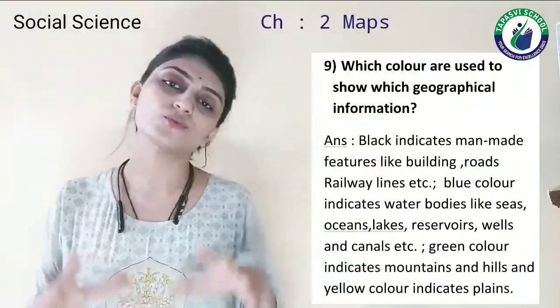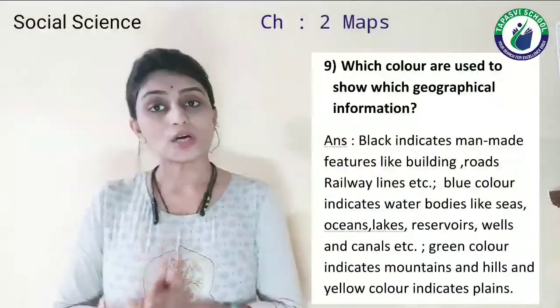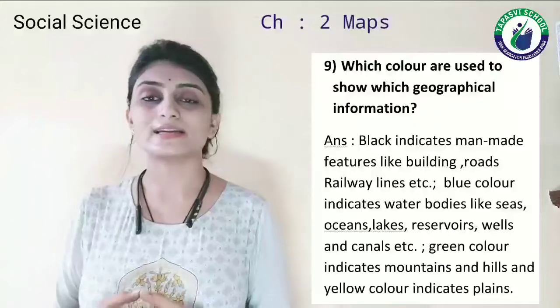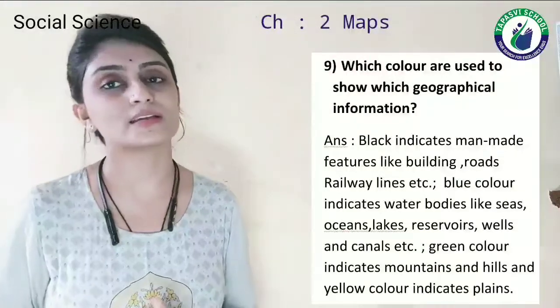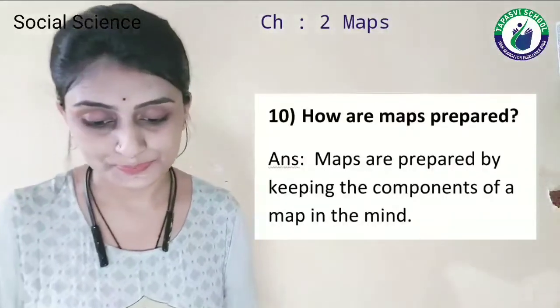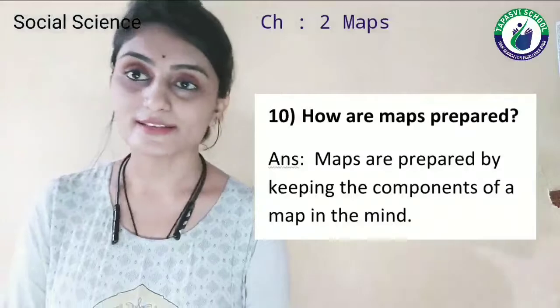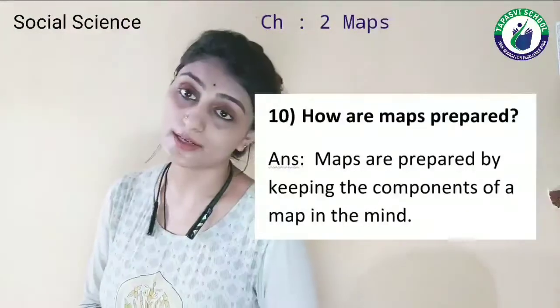And the yellow color indicates the plains on the earth. Next question is, how are maps prepared?